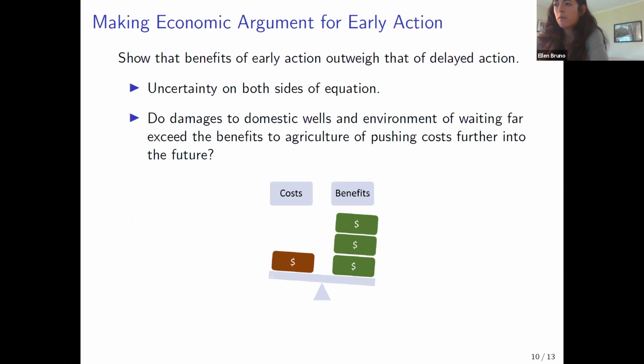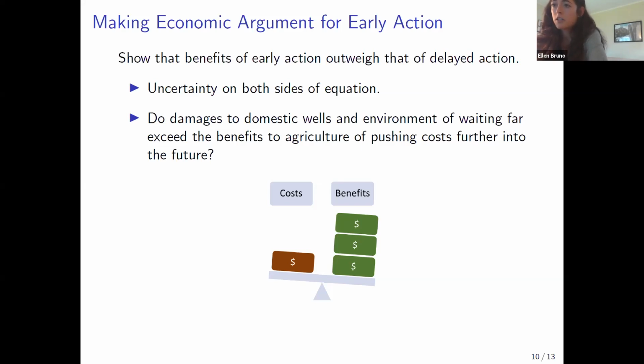And I think the fundamental component to making that economic argument for early action is to show that the benefits of early action far outweigh those costs of delayed action. So in other words, that's sort of saying, do the damages to domestic wells and water supply security and the environment and other aspects of waiting to converge to sustainability far exceed the benefits to agriculture of pushing the costs farther into the future?